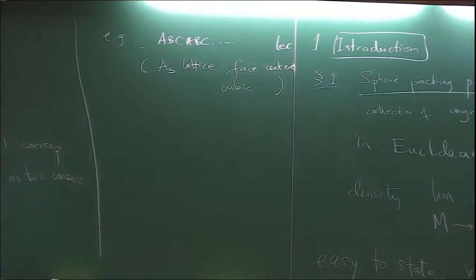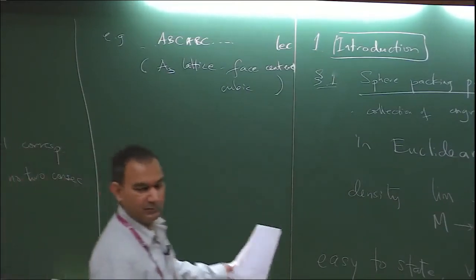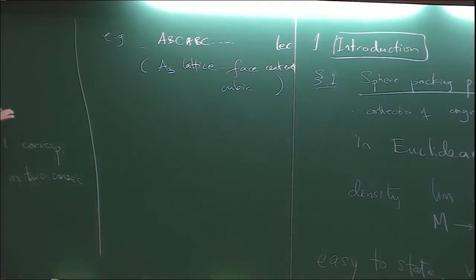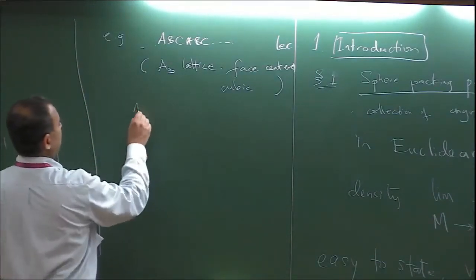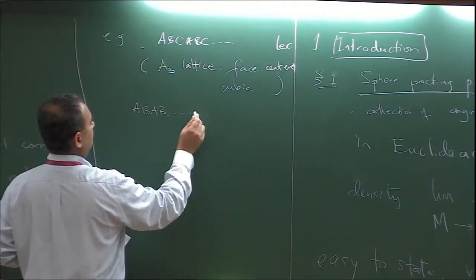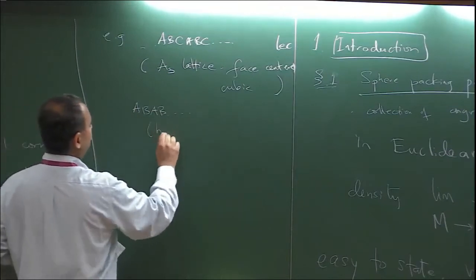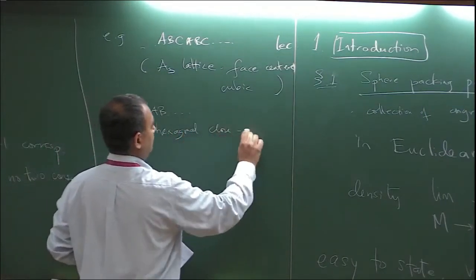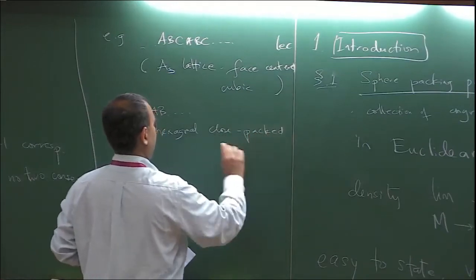So that's actually a lattice, but not all of them are going to be lattices. In fact, most of them are going to be aperiodic. Some of them are going to be periodic: countably many are going to be periodic, and uncountably many are going to be aperiodic. For instance, AB, dot, dot, dot, this is called the hexagonal close packed, HCP.